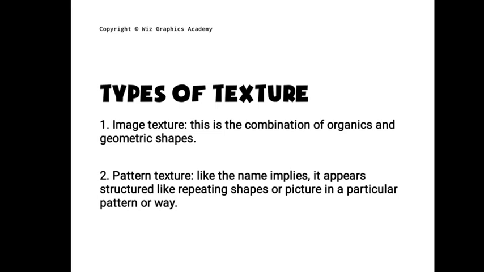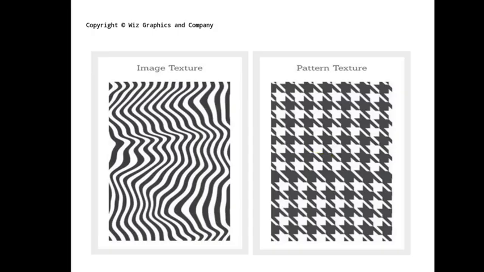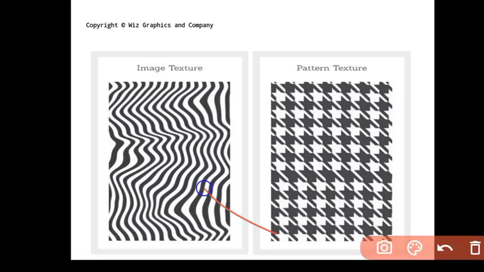So let's see some examples. The one on the left is an image texture, while the one on the right is a pattern texture. Now I'm going to explain them briefly.